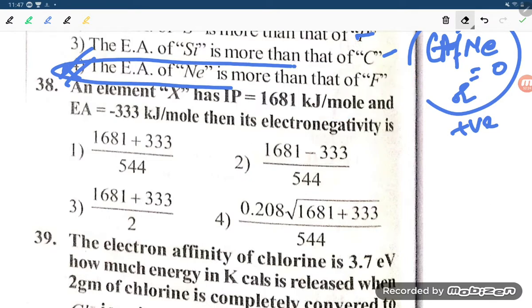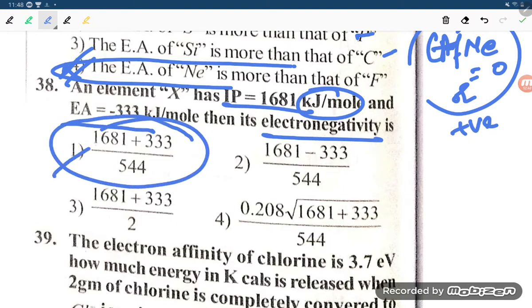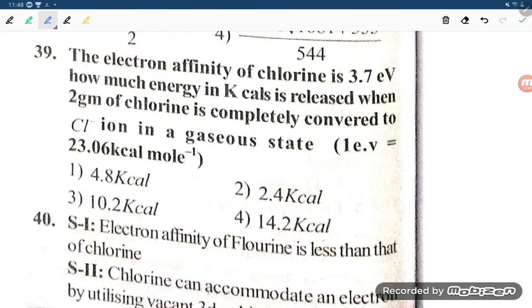The element X has this IP per mole and this EA. Then electronegativity, so we have to add both. If you add both, divided by kilojoule per mole, we have to divide by 544. The correct option is option number 1.